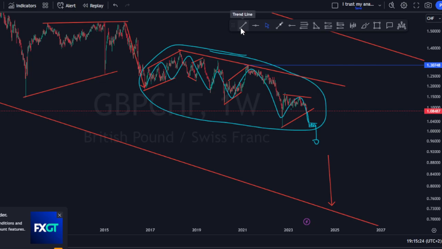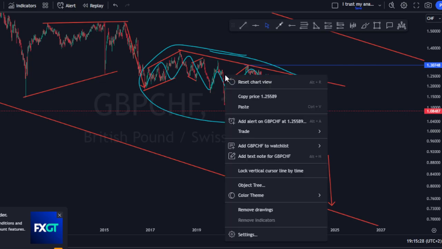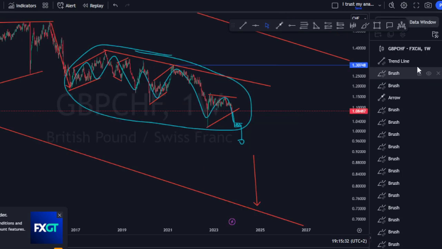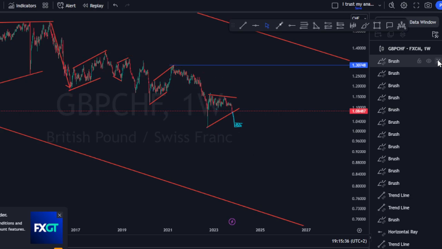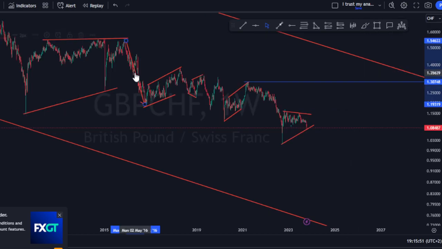Let me just remove this so that we get a nice clear chart. I hope you guys are following along, seeing how I go about my analysis. So let me just get rid of this as well.